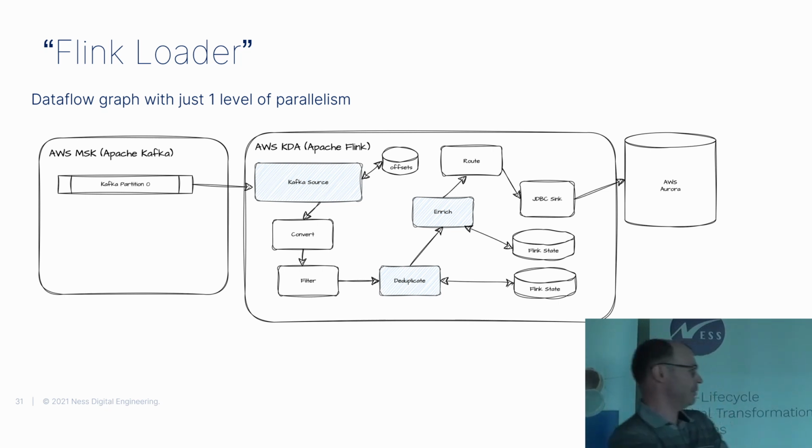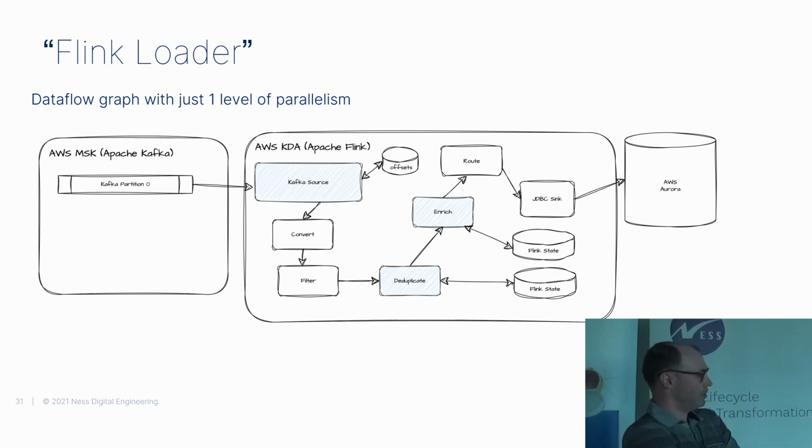So basically, we read data independently with our Flink loader, which is Apache Flink. For this, we have a Kafka source function. Then we do a conversion, because we are talking about binary messages, so we convert to POJO, then filter out data which we are not interested in, then deduplicate it.